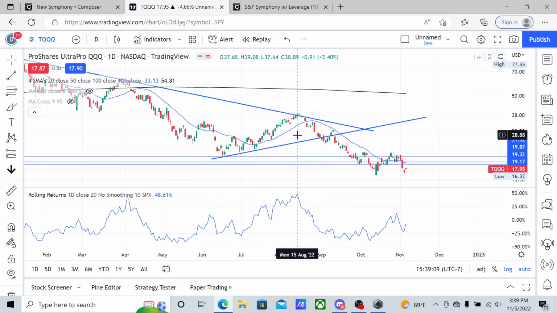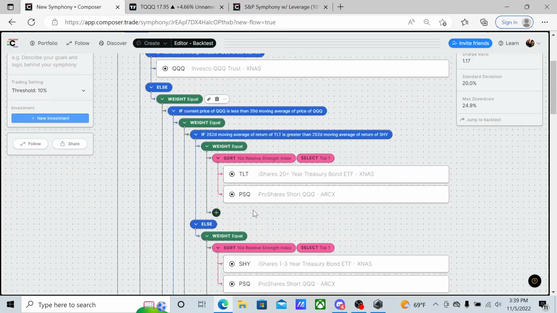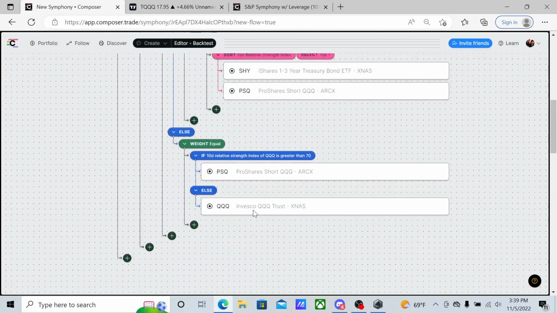So essentially, in 20 days, TQQQ has gone up 48%, or the 20-day cumulative return is 48%. I think that's what that means, but maybe I'm wrong. But you could essentially put a cap on your gains and then get out. It's kind of hard to mimic what that would look like.